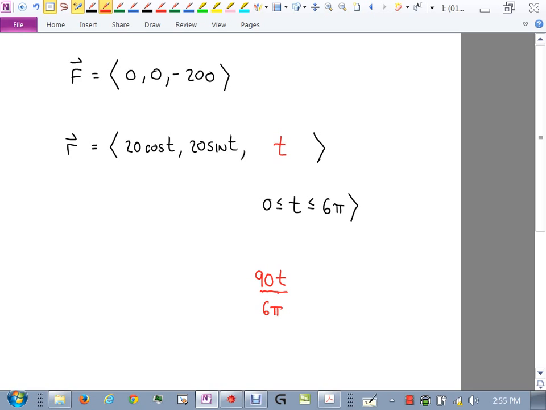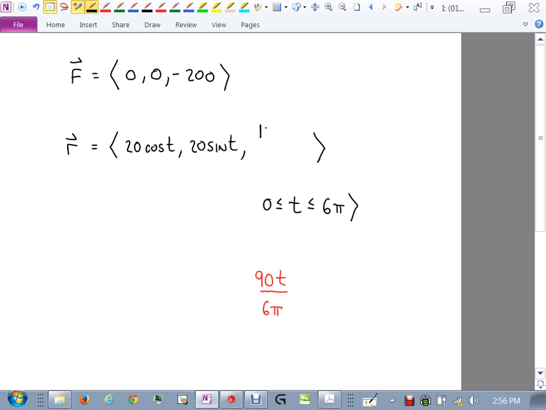How high would you be at time equals 0? 0. And this is linear, meaning that it's going up at a constant rate. This is the ratio in which I'm going up, like my slope. And if I plug in 6 pi, how high am I? They cancel, you get 90, right? I can actually simplify that. 6 goes into 90 how many times? 15.